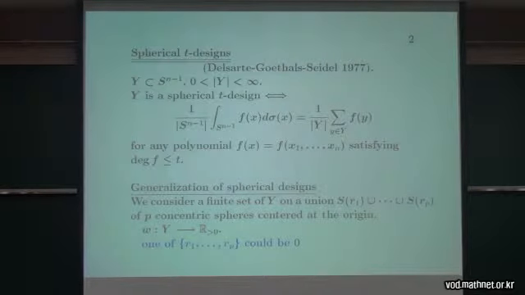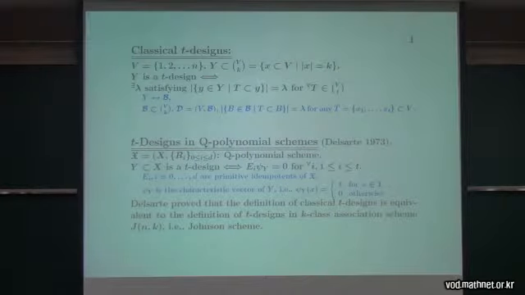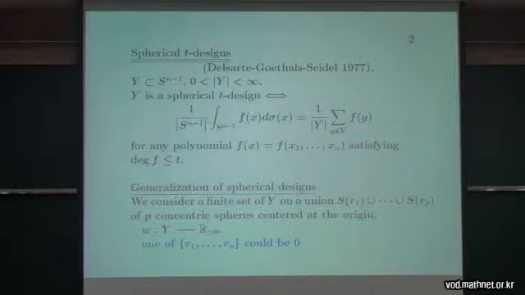And for spherical t-designs, because the second character table of the Johnson scheme is defined by orthogonal polynomials, they extended the idea of t-designs to spheres. Take the unit sphere in Euclidean space, and Y a finite set in the unit sphere.